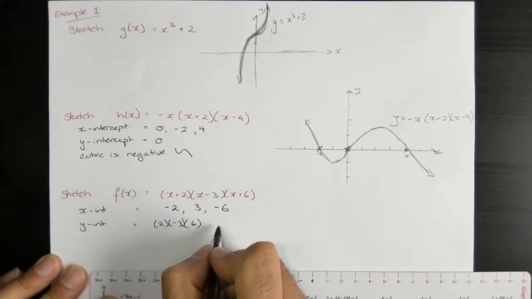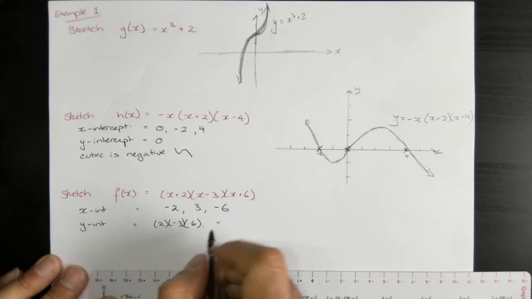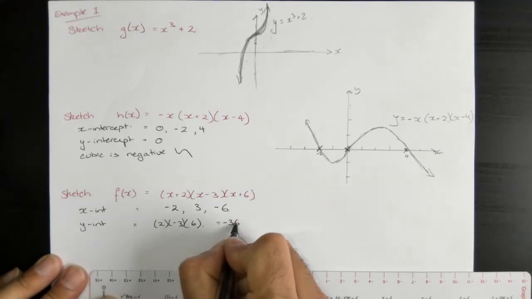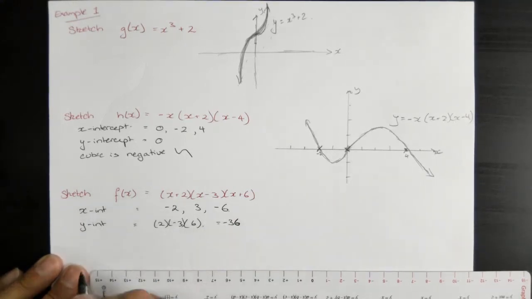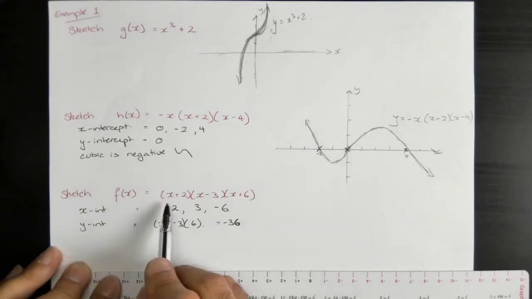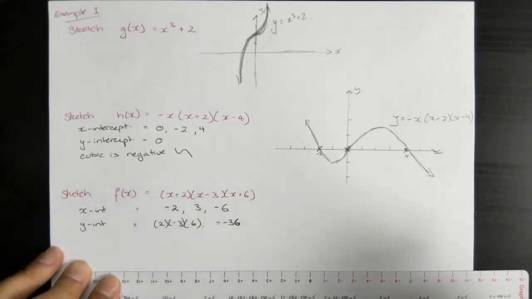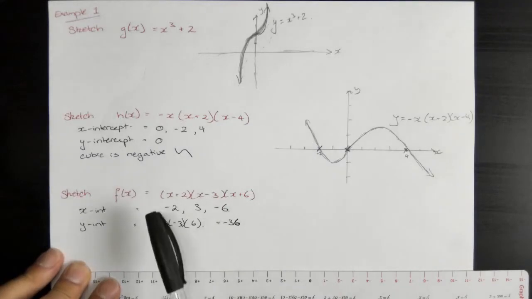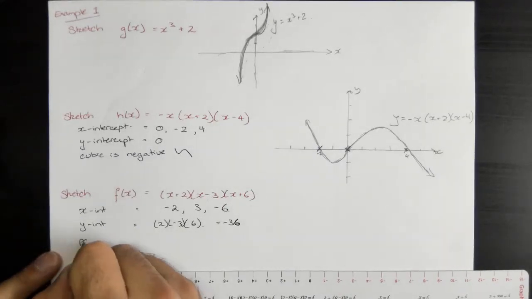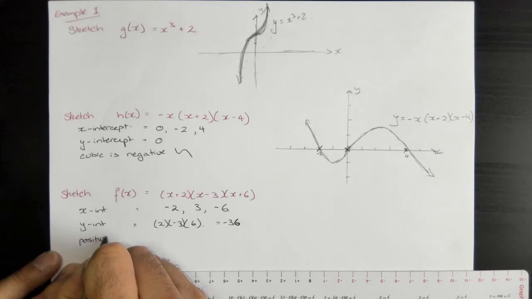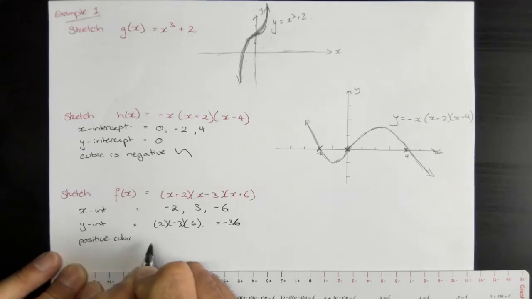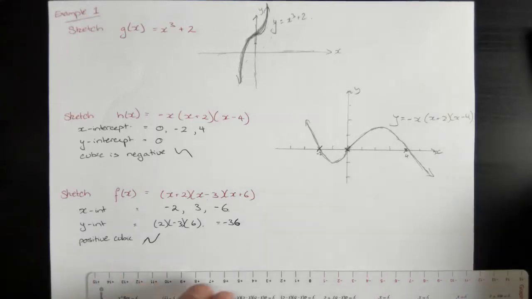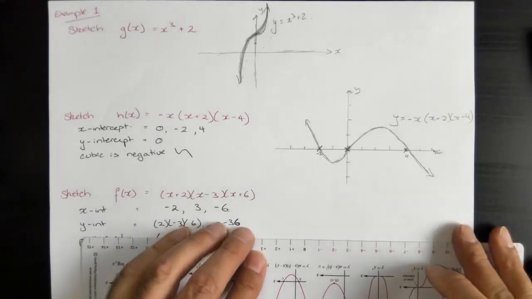So negative 6 times 6 is negative 36. That's just by setting x equals 0. It's a positive cubic, so it will go like that. Just a sketch.